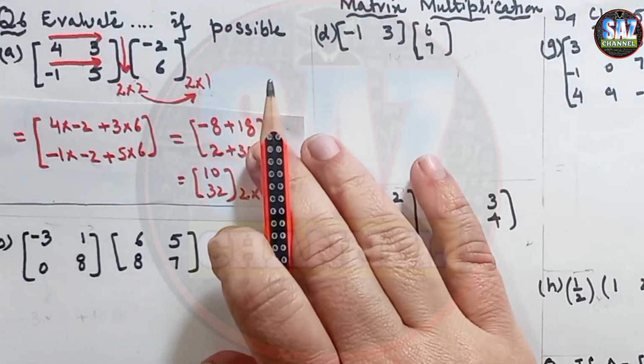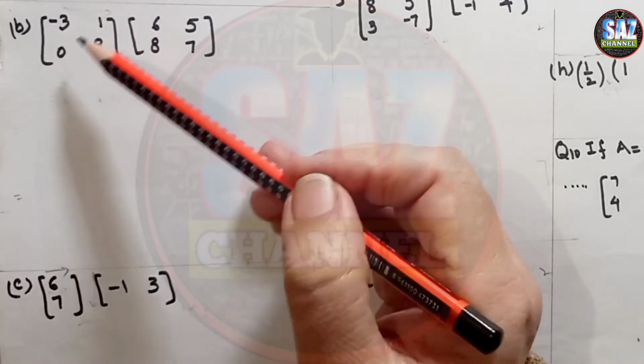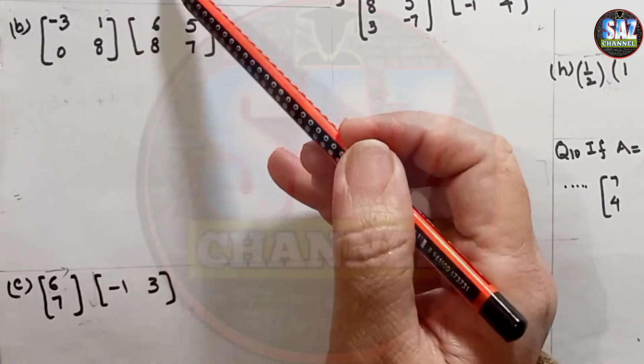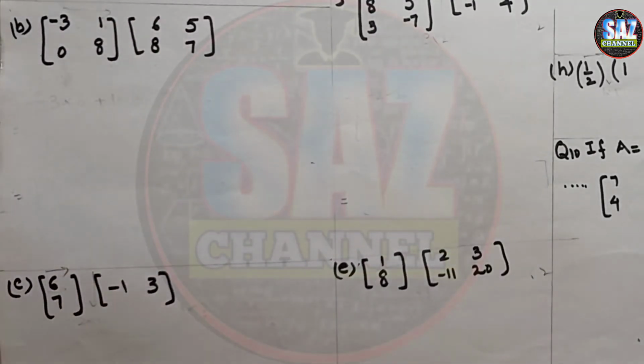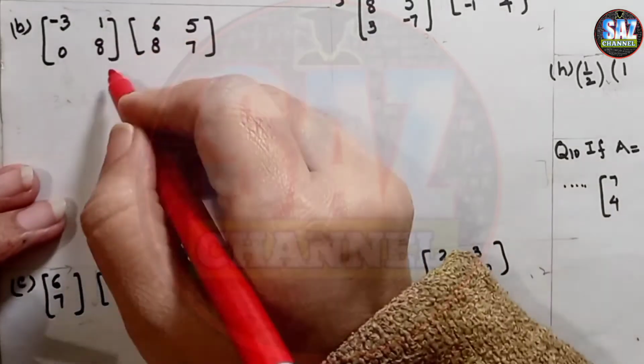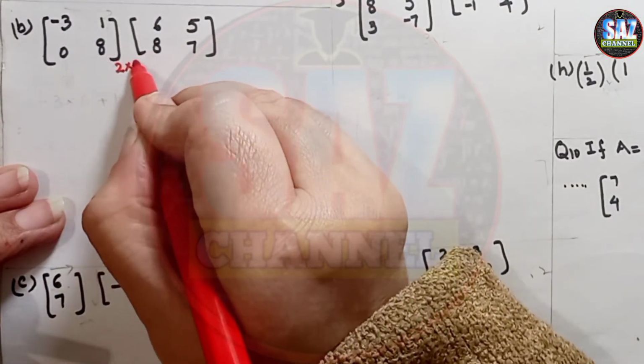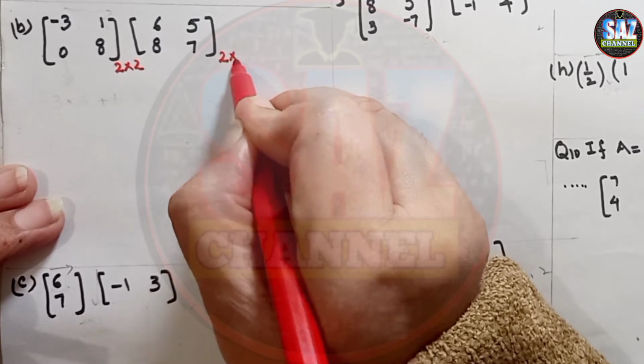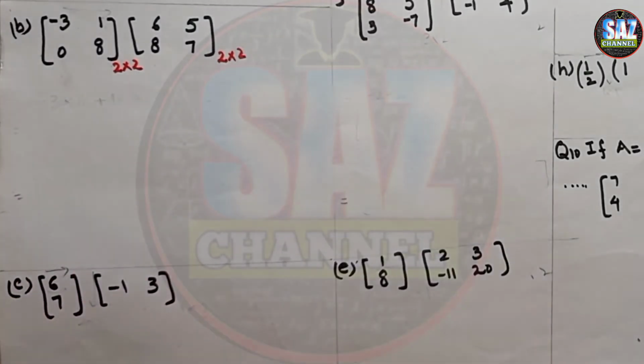The second part, let me confirm it: minus 3, 0, 1, 8 and 6, 8, 5, 7. You can see that both the matrices are square matrices, 2 by 2 matrices. Let's quickly move to the solution of this question.